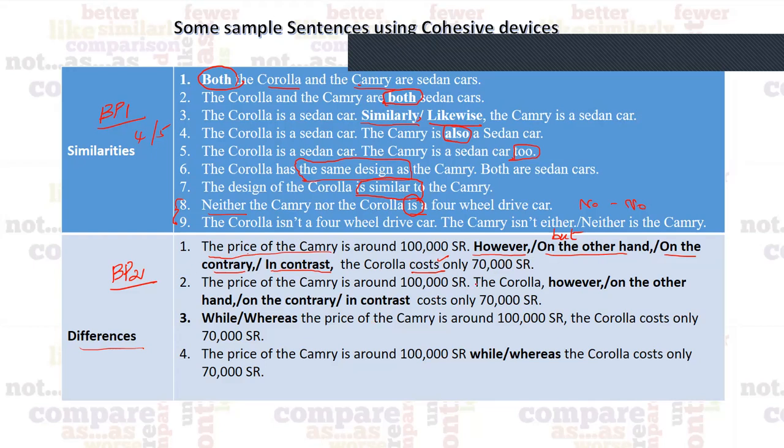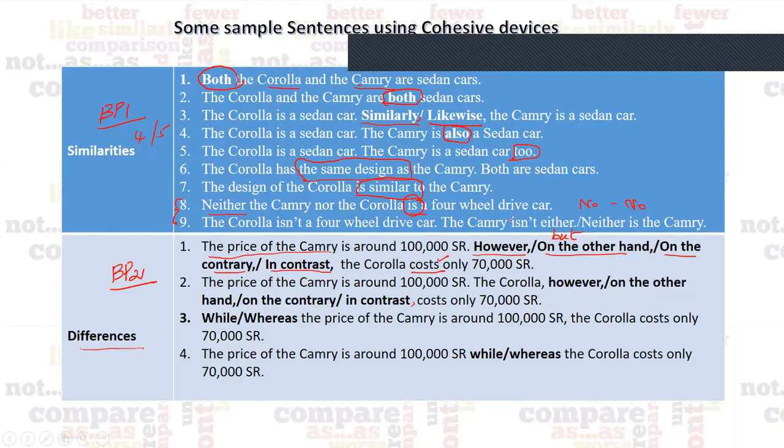Okay. Now, however, on the other hand, on the contrary, the second model, like say the first part is the same. The price of the Camry is around 100,000. The Corolla, comma, however, comma, or the Corolla, comma, on the other hand, comma, same thing with on the contrary and in contrast, costs only 70,000 riyals.